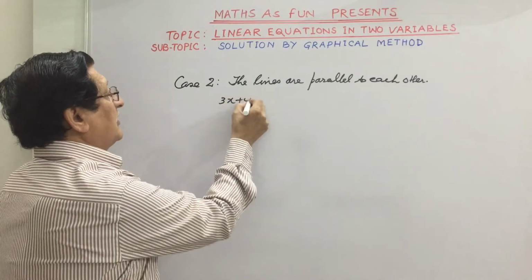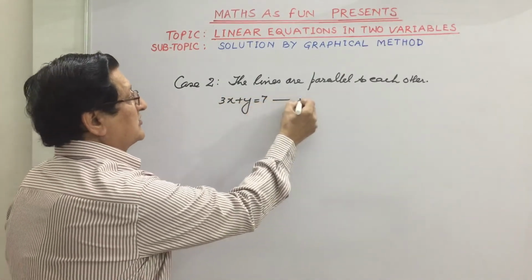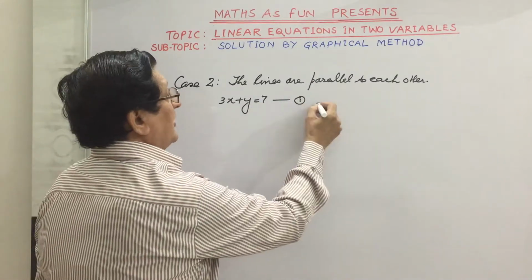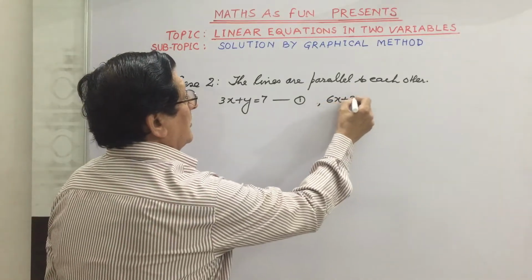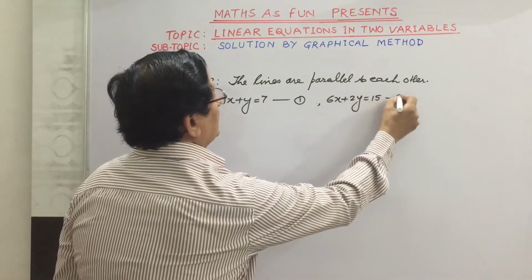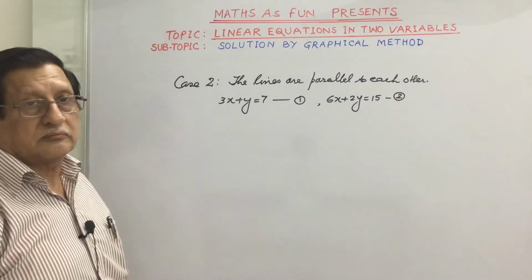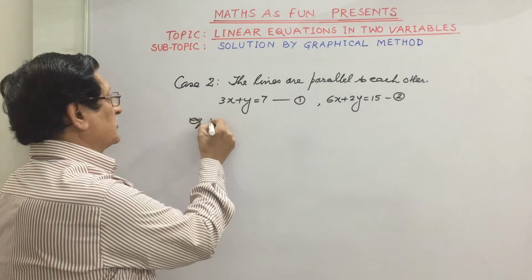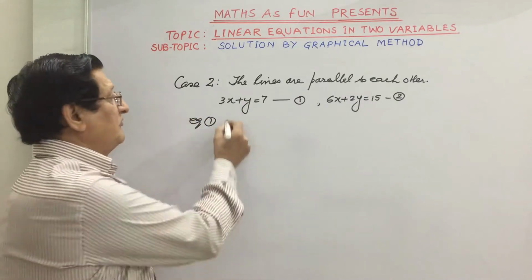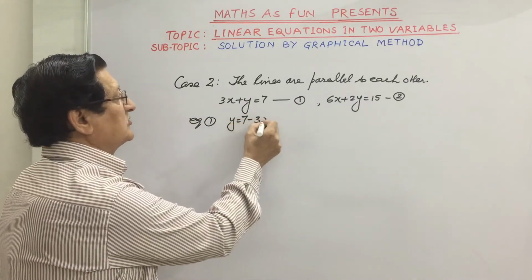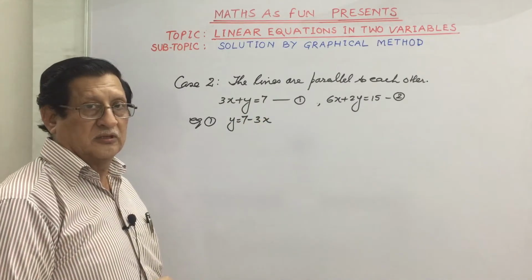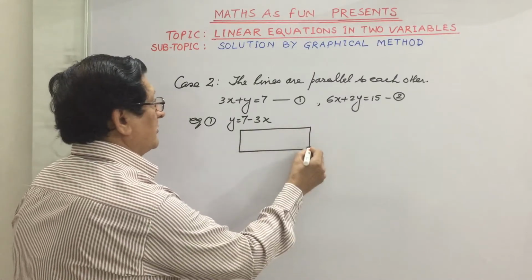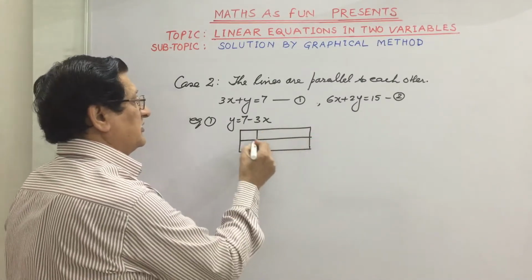Suppose the equations are 3x plus y is equal to 7 as the first equation, and 6x plus 2y is equal to 15 as the second equation. To draw the graph, first we go for equation number 1, that gives us y equal to 7 minus 3x. To make a table for the values of x and y, as I told you, minimum 3 values we should take.